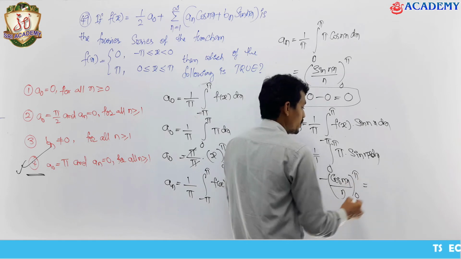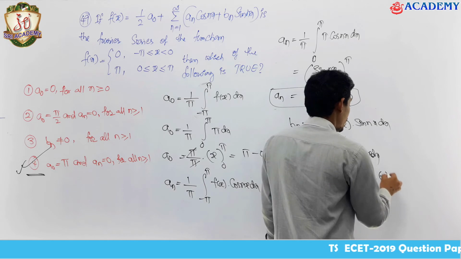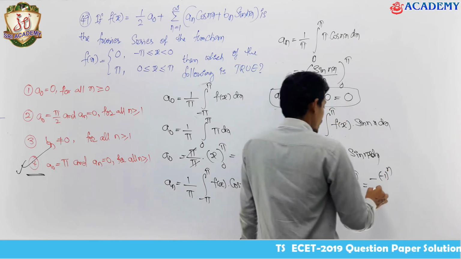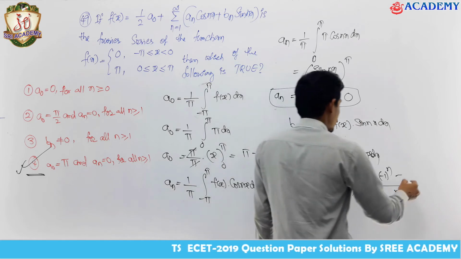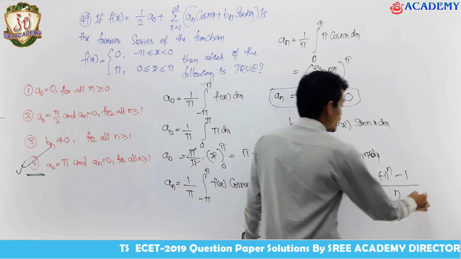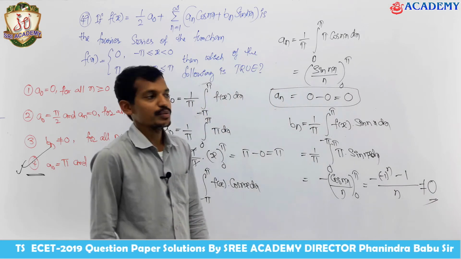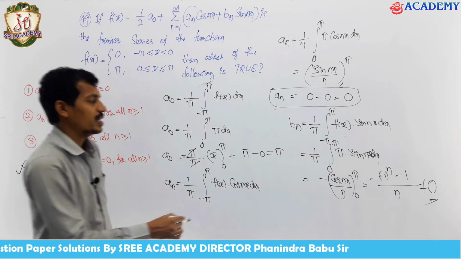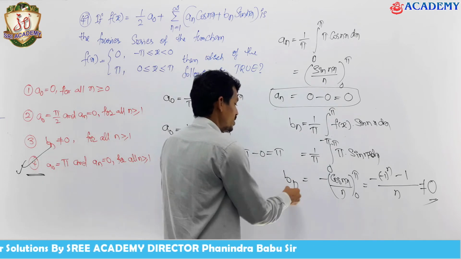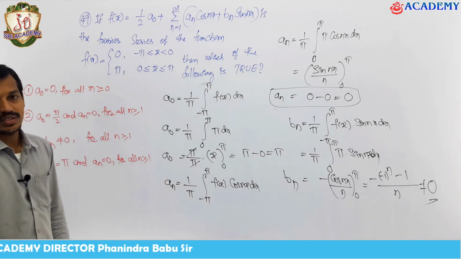First the upper limit, that is minus cos n pi, which is minus 1 to the power of n, divided by n, minus, if you substitute 0, cos 0 is going to be 1. It is not going to be 0, it depends upon n. If you are taking b1, you have to take n equal to 1, and based upon that you are going to get the answer.